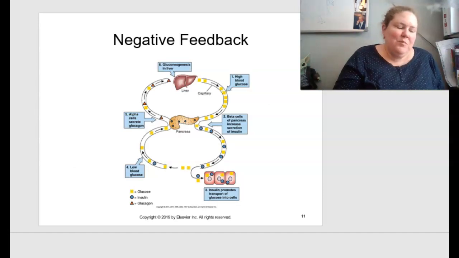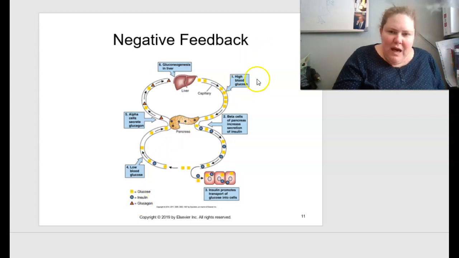So here is an example of what negative feedback would be, and this is figure 16.2 in your book. This is the negative feedback mechanism with glucose and insulin as well as glucagon. Looking at the little key down here, glucose is the yellow box, insulin is the blue circle, and glucagon is the red triangle.